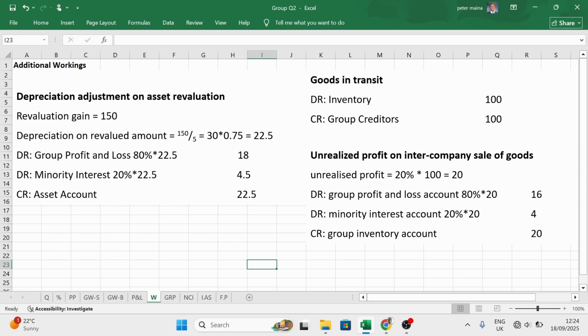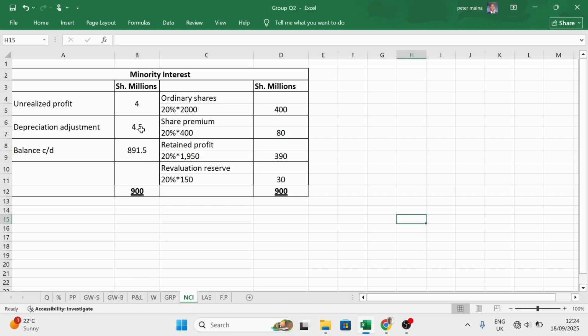Depreciation adjustment was 22.5. We took minority's share, 20% of that. We got 4.5. And that is what we have here. All those items where we are saying debit minority interest are supposed to be brought here.